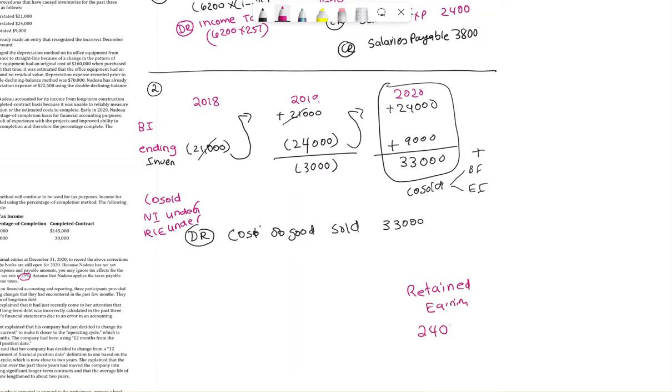The retained earnings adjustment was for 24,000, but since there's a tax, it's 1 minus the tax rate. That's the adjustment to my retained earnings. In this case it was 18,000. If my net income was under, that means we paid less taxes to the CRA. If we paid less taxes, it will be called an income tax payable that we have to pay to the government.